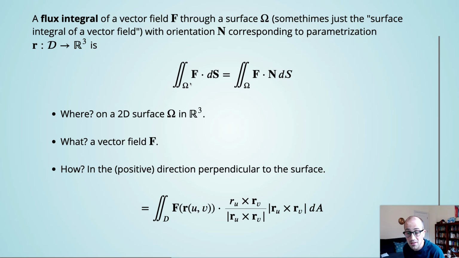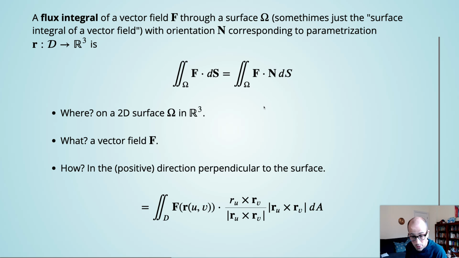I've got the surface omega, the vector field F, and I'm measuring how much it points through the surface. So another way to say the same thing is I've got my surface omega, I've got the vector field F, I dot it with the unit normal vector to my surface, and then I integrate that scalar with respect to surface area. Okay, so these two are two ways of saying the same thing.